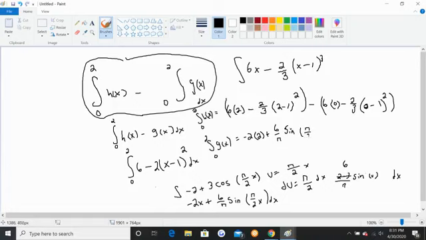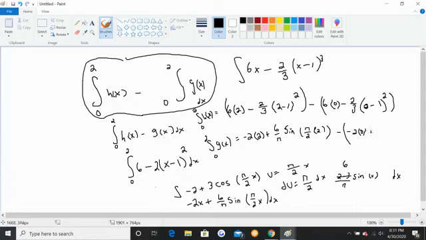This is going to be a times 2 minus negative 2 times 0.